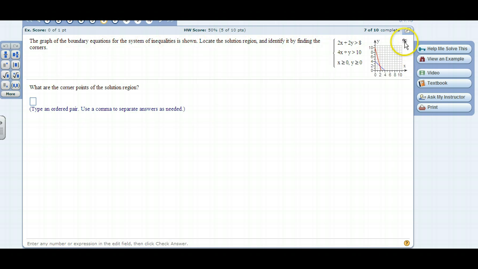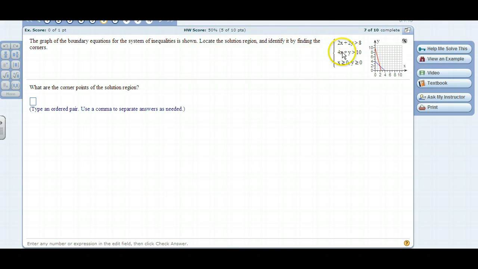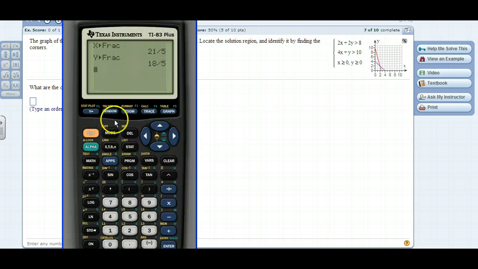Same thing here. What are the corner points of the solution region? To know what the corner points are, you need to know which one of these 1, 2, 3, 4 regions is the solution region. So do like we've been doing. Isolate the y in these, and then find out which region we're dealing with.